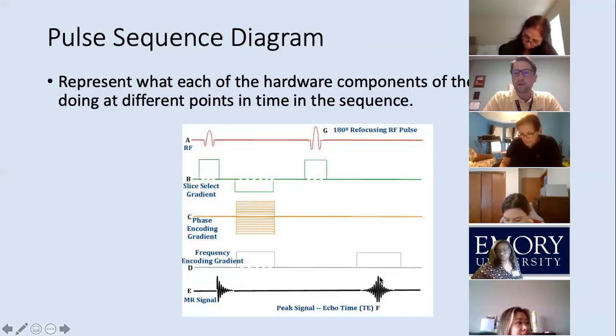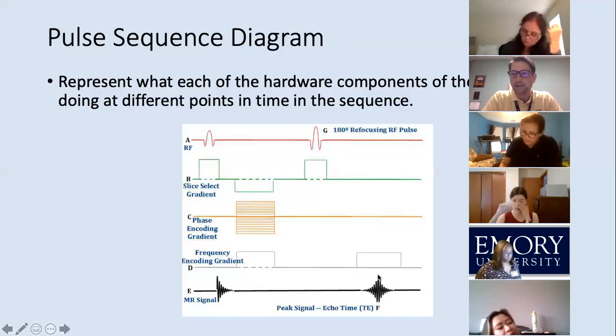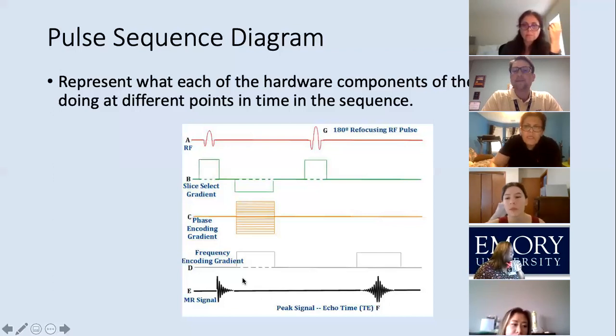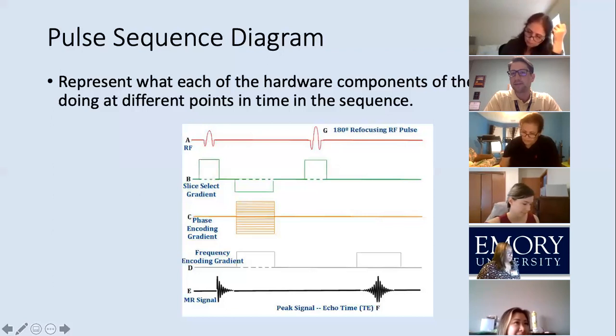And then you get a maximum signal amplitude, and then it starts to dephase all over again. So the time from excitation pulse to peak amplitude was what? What was that time again? TR or TE? TE, good. And then from 90 to the subsequent 90 was our TR. So if I copy and paste this entire thing, 90 to 90, that's our TR.